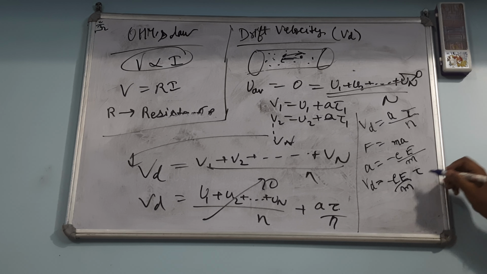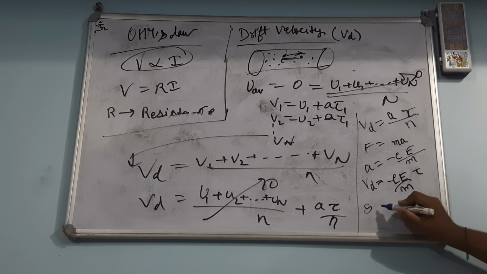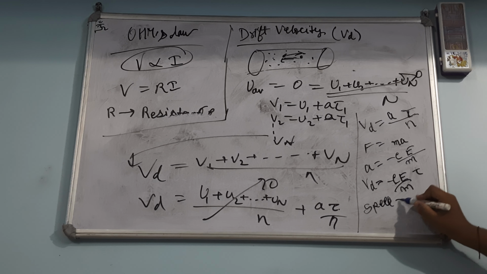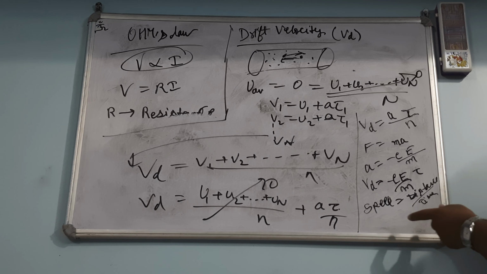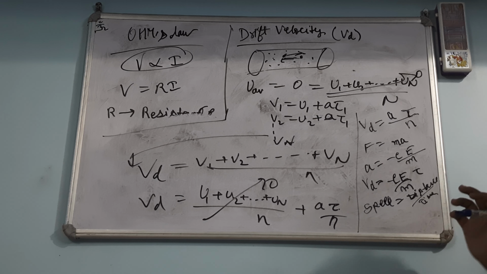And now, as we know, speed is equal to distance upon time. So time is equal to distance upon speed.